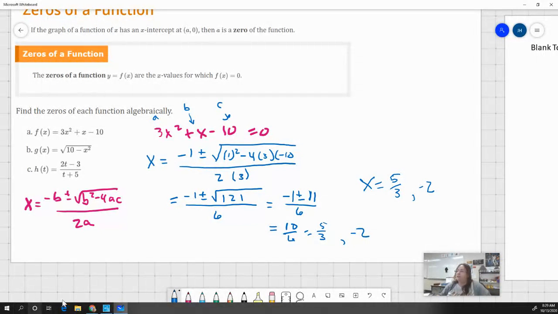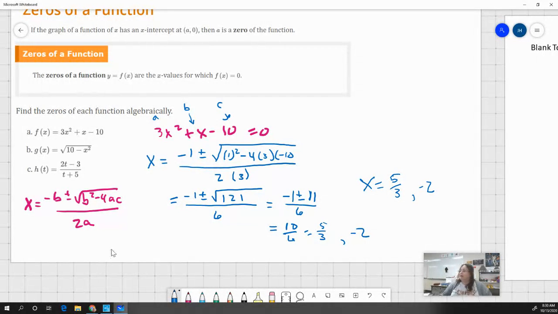What are our solutions when we set this equal to 0? What it also means, the reason we're talking about this in graphs, is these are our x-intercepts. It's where the graph of this line, or in this case parabola, is going to cross our x-axis. If I was to graph this, I would know that I have points at 5/3 and at -2. Does that make sense to you?